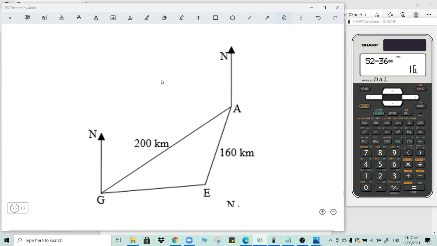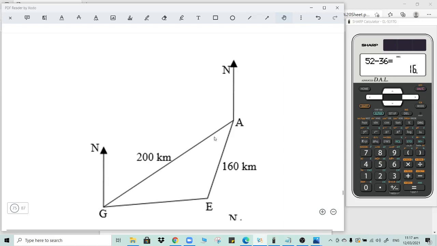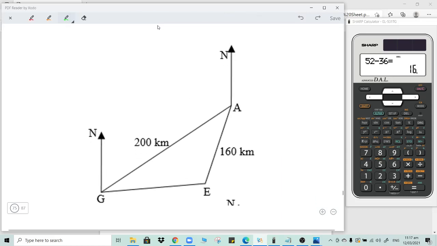I think this could be a little bit easier now. We know here is 16 degrees. We just reasoned that out, and we have the two sides and the angle in between, and we want to find GE.